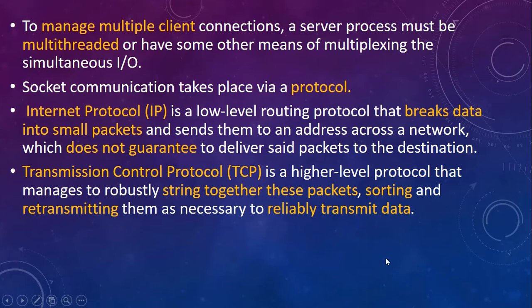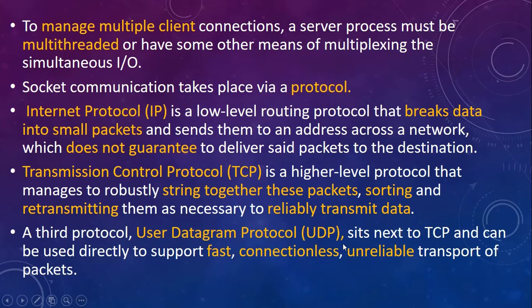Now there is a third protocol which is called the User Datagram Protocol. This is also in the transport layer. So in the transport layer you have TCP as well as something called UDP. Now for Transmission Control Protocol, just for your information, to establish a connection between a client and a server, there is something called three-way handshaking.